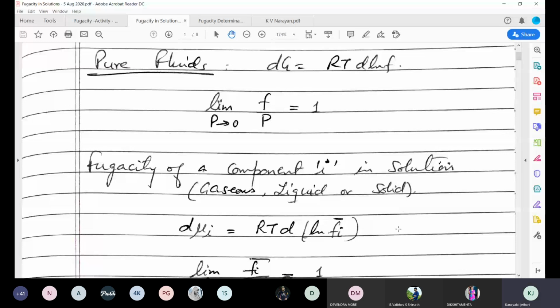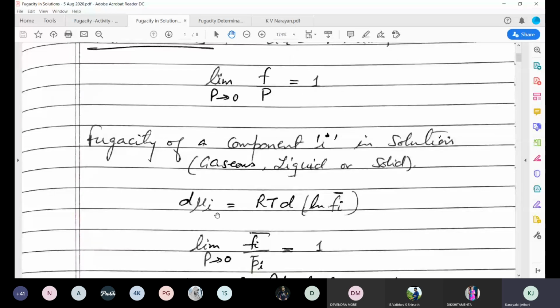Similar form, this is for pure fluids, similarly we define for solutions. And again we define standard state for fugacity fi bar in solution: limit of fi bar by pi bar, pi bar is partial pressure, when P tends to 0 is equal to 1, similar to what we have done for pure fluid. Similarly, we are defining it for solutions, right?